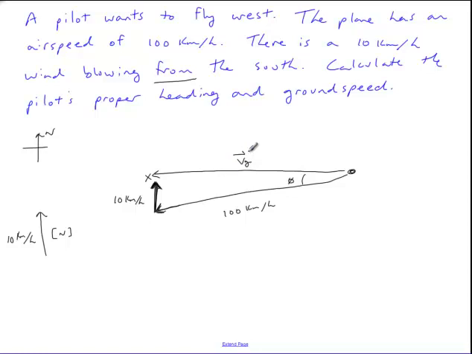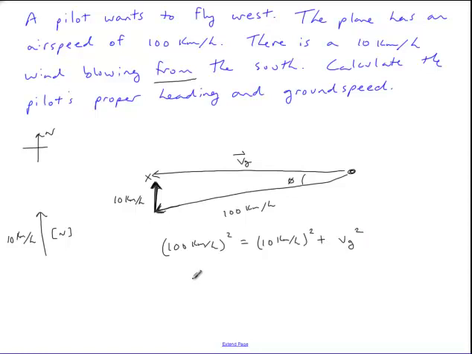Let's use the regular Pythagorean theorem. c squared equals a squared plus b squared. That means 100 kilometers per hour squared equals 10 kilometers per hour squared plus ground speed squared. I labeled it with a vector, but it's not a vector yet. This is speed.